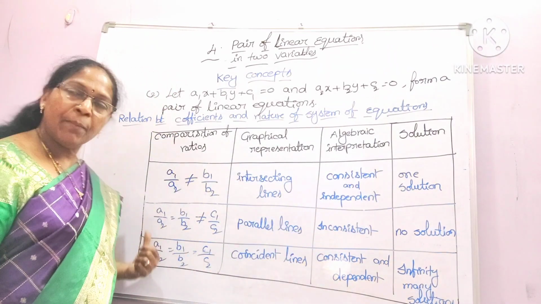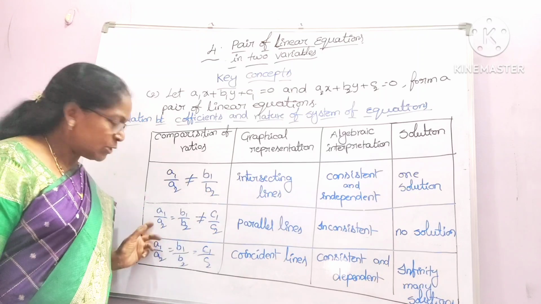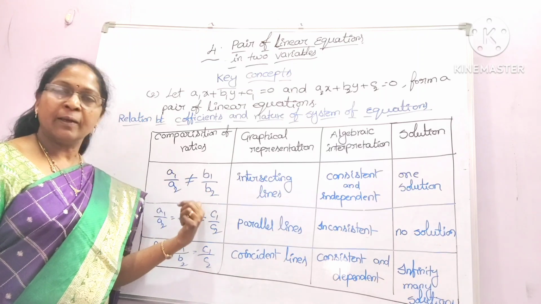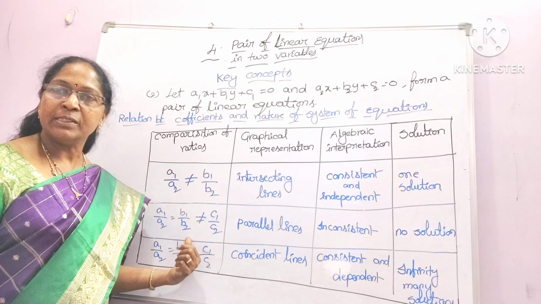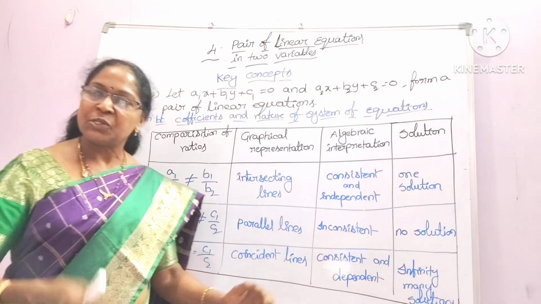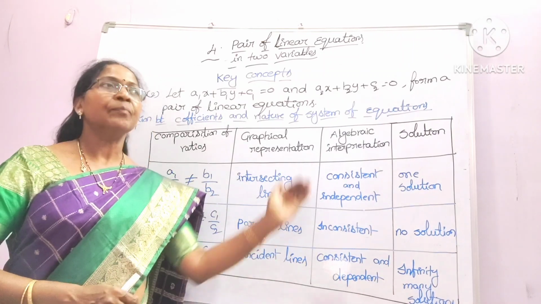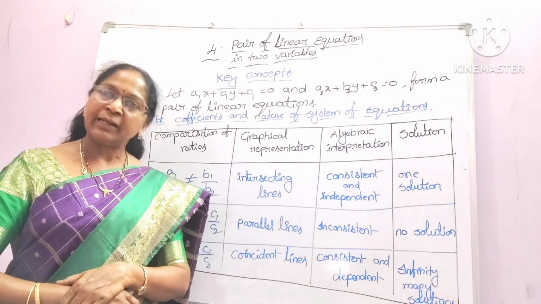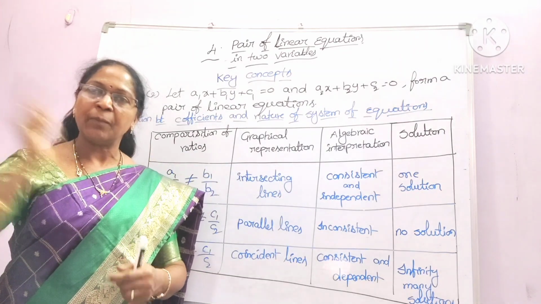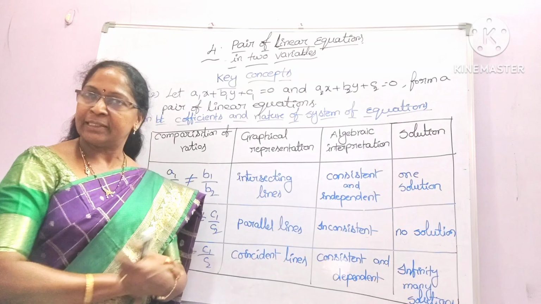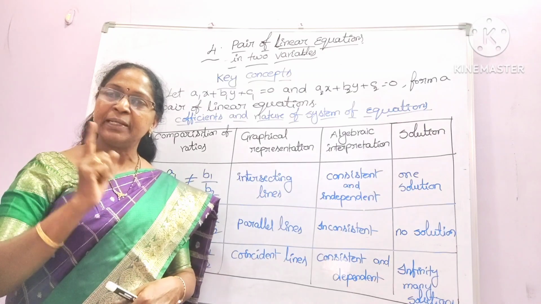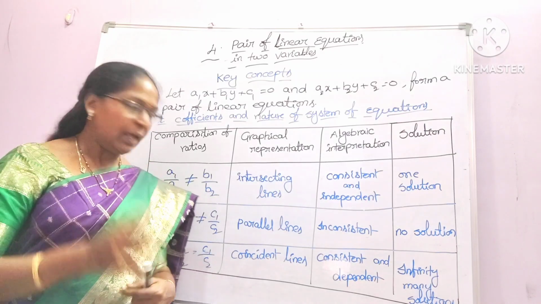Next, if A1 by A2 equal to B1 by B2, the first two ratios are equal but not equal to C1 by C2, then what type of lines will you get on the graphical representation? Parallel lines. Parallel lines means they won't meet at one point. They never intersect. Intersecting is nothing but meeting at one point. Example, railway lines.